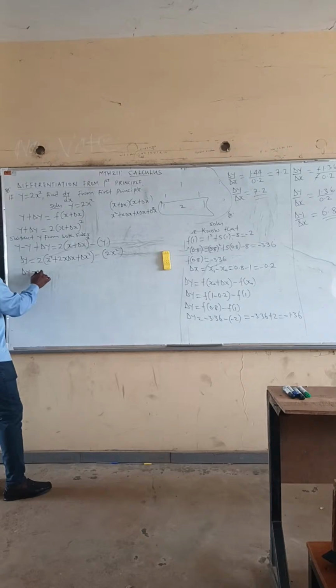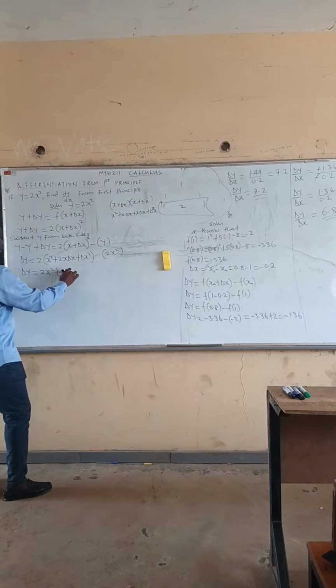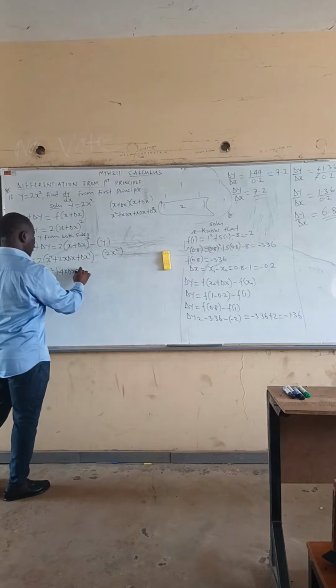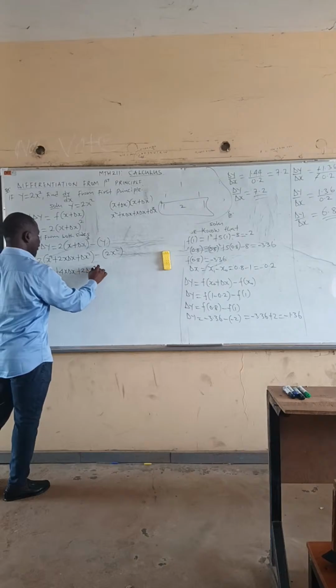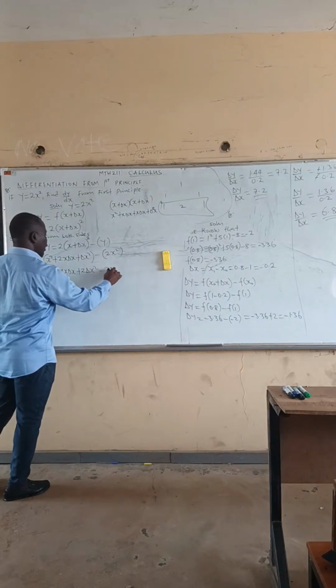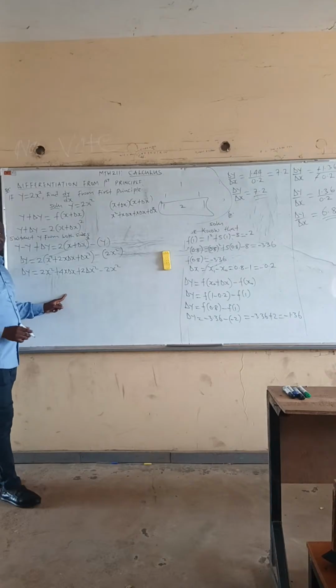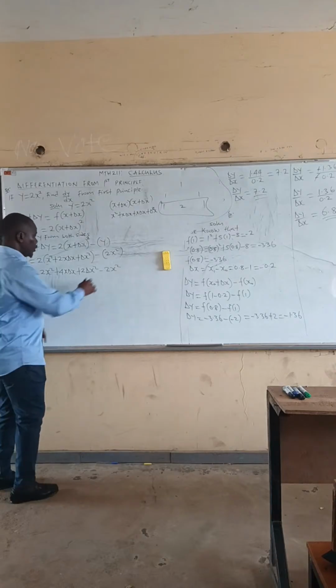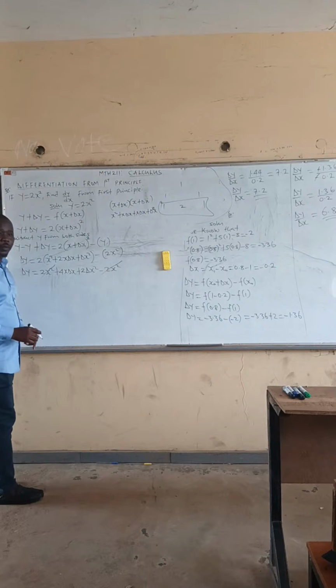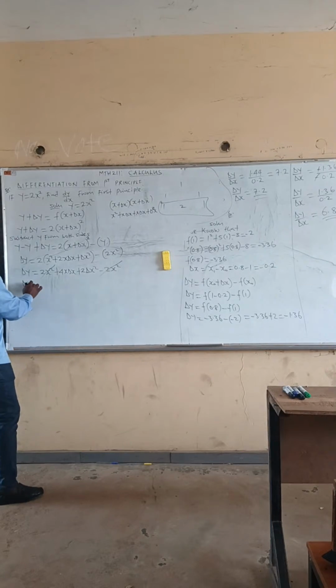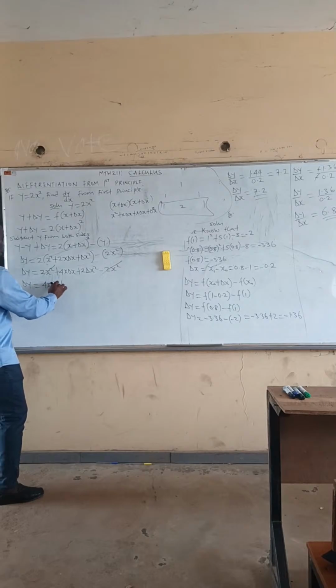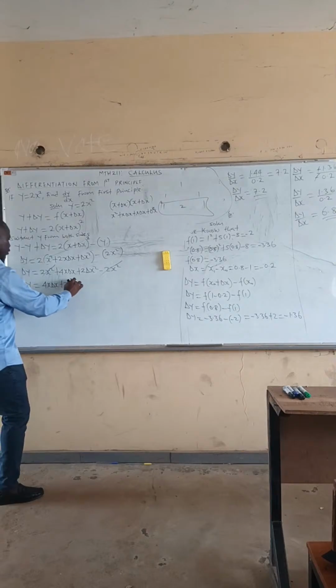Our dy is equal to 2x squared plus 4x dx plus 2dx squared minus 2x squared. This and this will go. So our dy is equal to 4x dx plus 2dx squared.